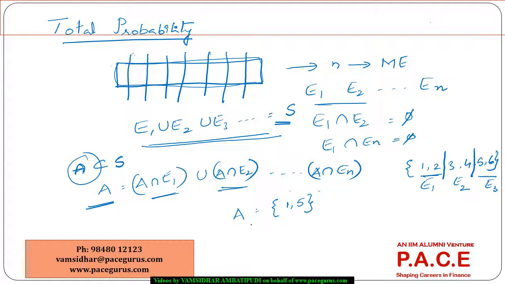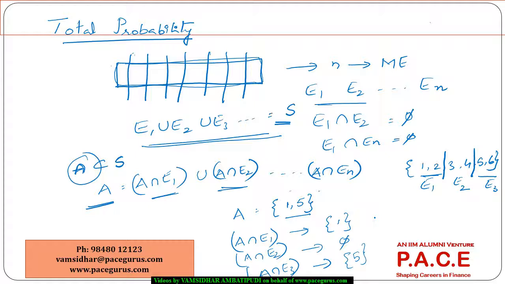So this A, I could very well write as A intersection E1. What is A intersection E1? The intersection between these two is just 1. Union A intersection E2, no commonality between A and E2. A intersection E3, 1, 5 and 5, 6, so it's 5.